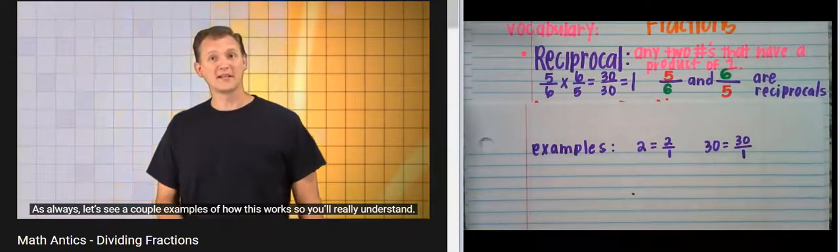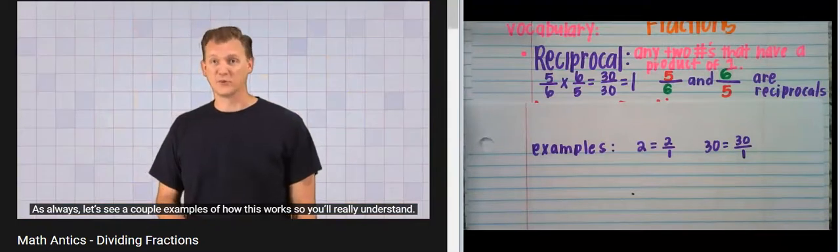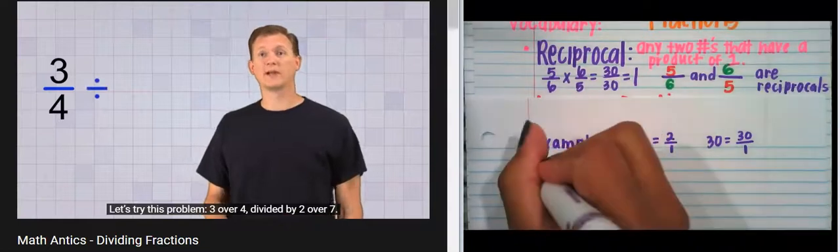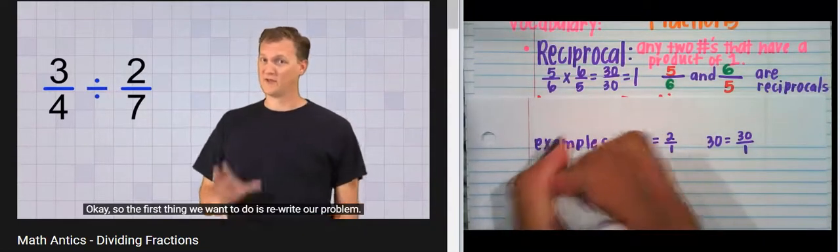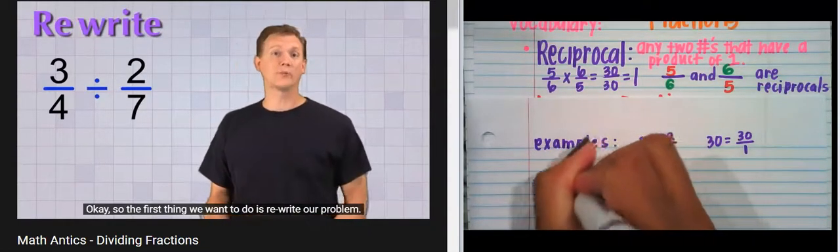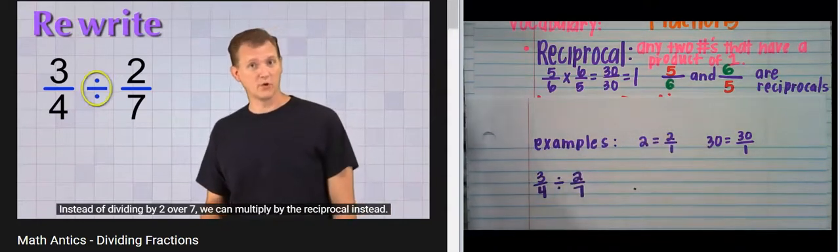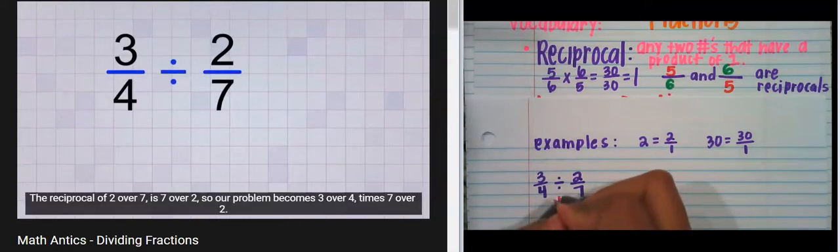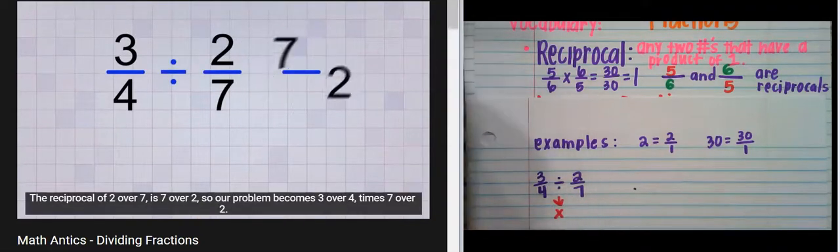As always, let's see a couple examples of how this works so you'll really understand. Let's try this problem. 3 over 4 divided by 2 over 7. Okay, so the first thing we want to do is rewrite our problem. Instead of dividing by 2 over 7, we can multiply by the reciprocal instead. The reciprocal of 2 over 7 is 7 over 2.